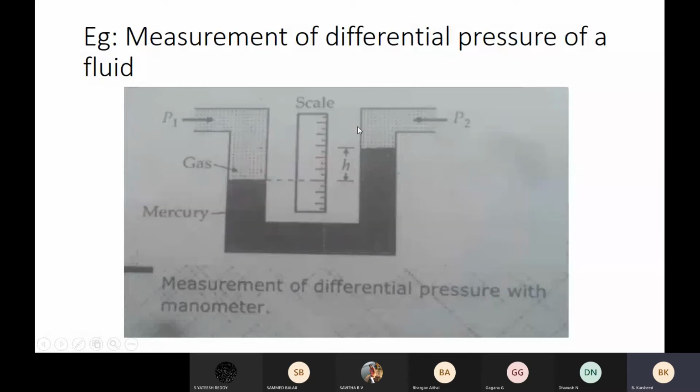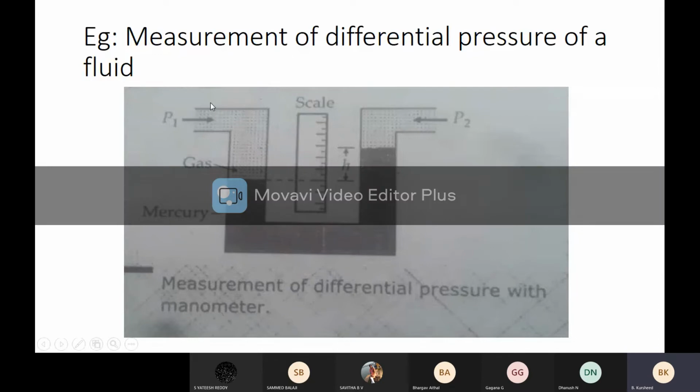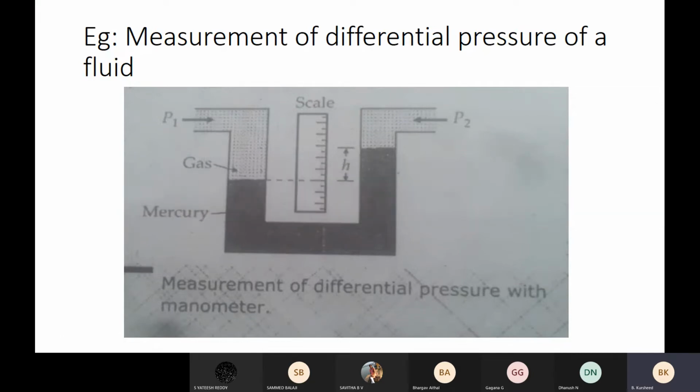The differential pressure P will be P1 minus P2. There will be three conditions: P1 and P2 may be equal, P1 may be greater than P2, or P2 may be greater than P1.